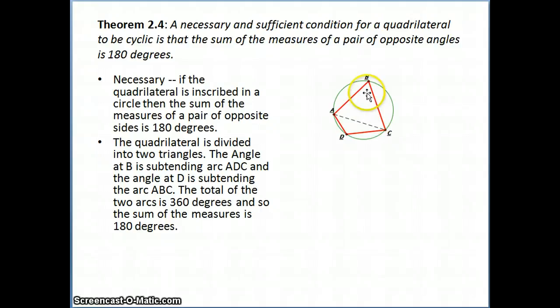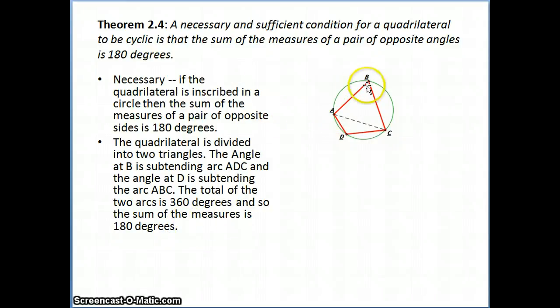The angle B is subtending arc ADC, and the angle D is subtending arc ABC. And of course, the total of these two arcs is 360 degrees, because one circle is 360 degrees. So the sum of these two angles is 180 degrees. How do we get 180 degrees here?